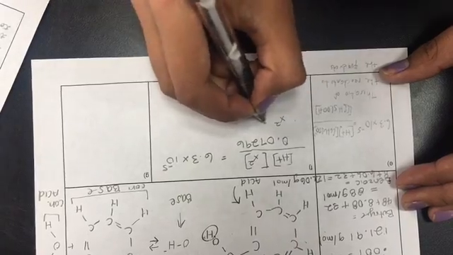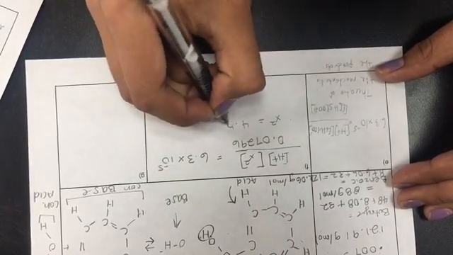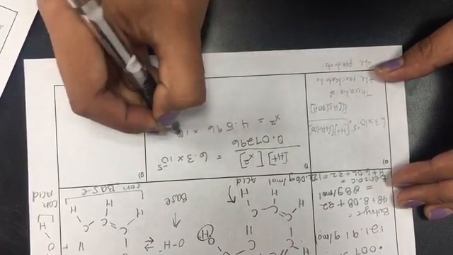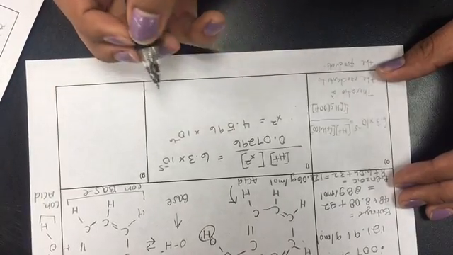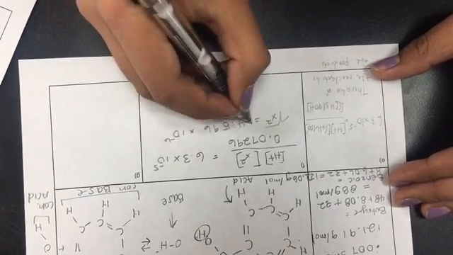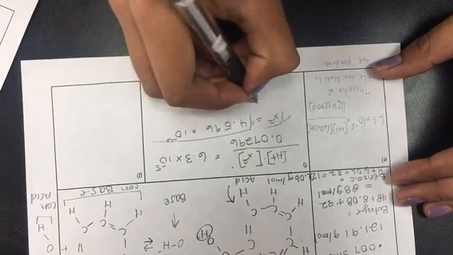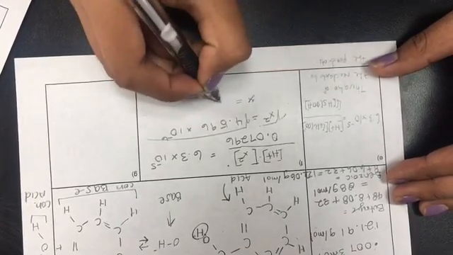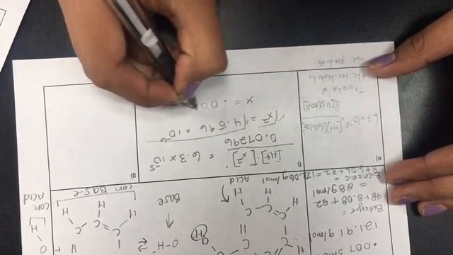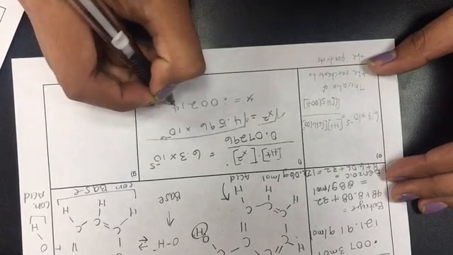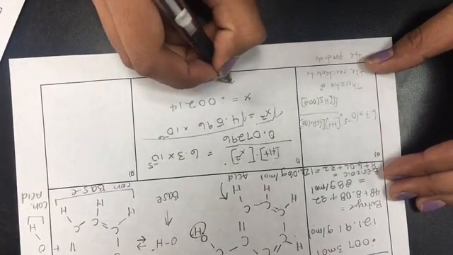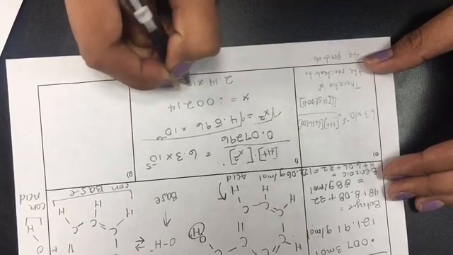Then you get x squared equals 4.596 times 10 to the negative 6, and you take the root, and x equals 0.00214, which is 2.14 times 10 to the negative 3.